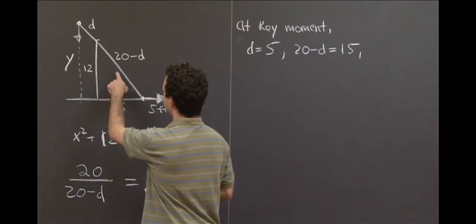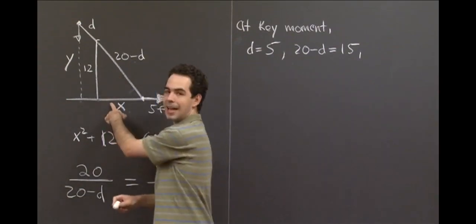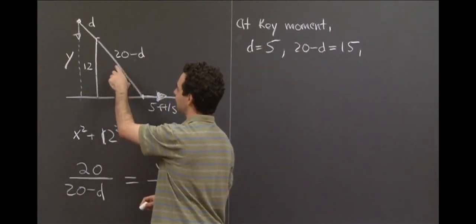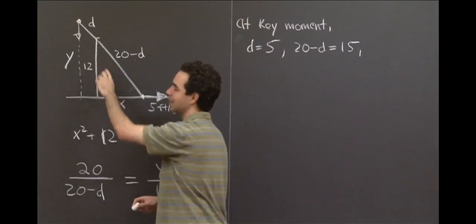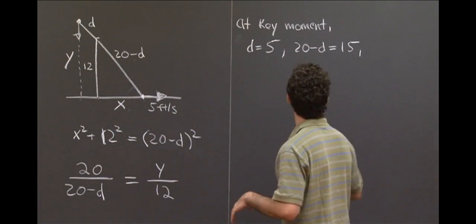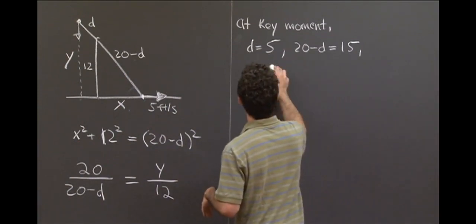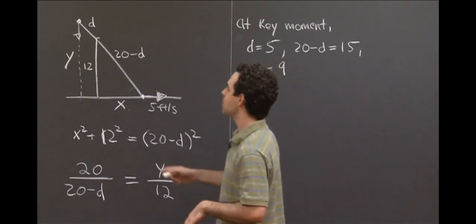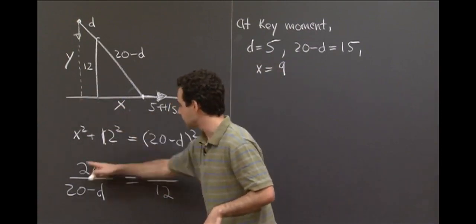What else does that mean? That means that at that moment, x in this right triangle is the third leg in a right triangle with hypotenuse 15 and one leg 12. So that's one of your 3, 4, 5 triangles, but blown up a little bit. So at that moment x is equal to 9. And to figure out y, we can use this other relationship.